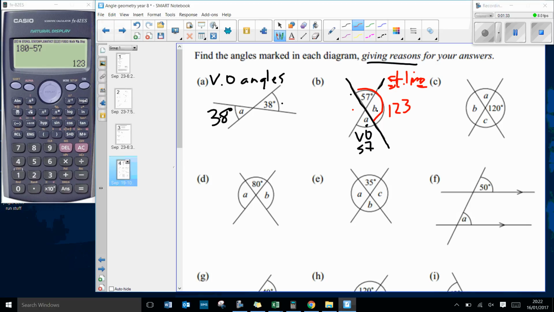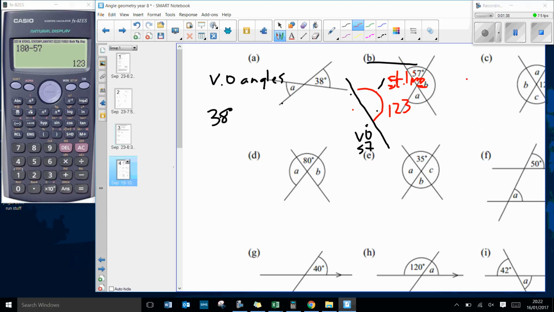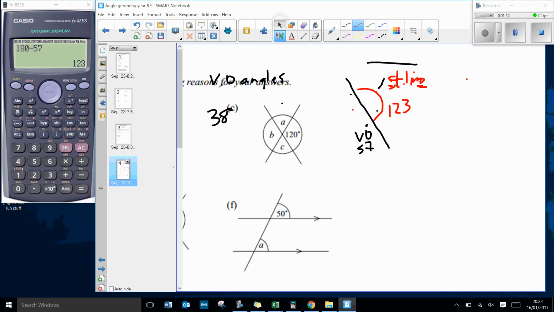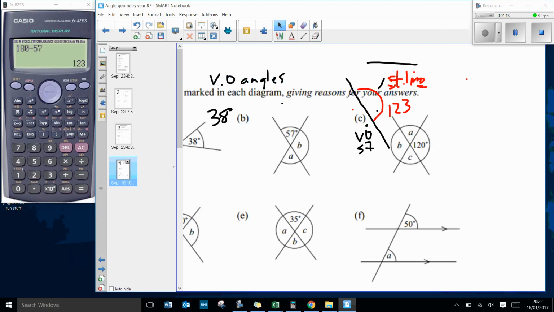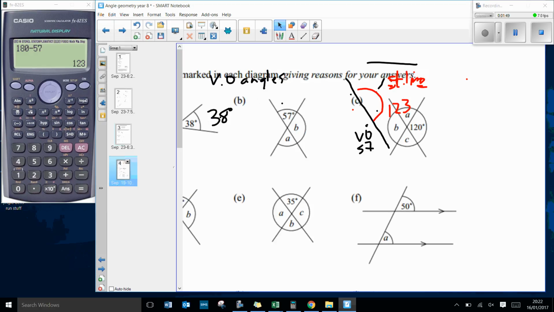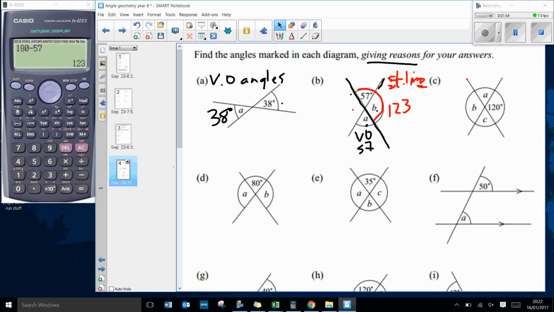Okay, next one. Angle A is on a straight line, and so angle A and 120 add up to 180.